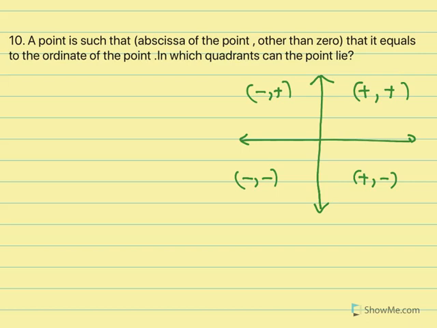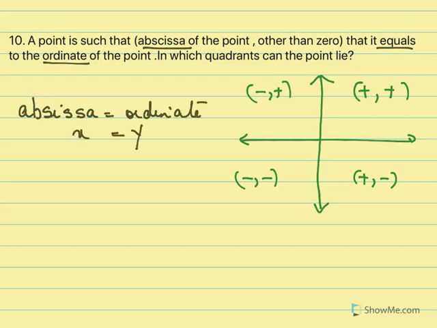A point is such that the abscissa of the point, other than 0, equals the ordinate. So abscissa equals ordinate, which means x equals y. In which quadrants can the point lie?